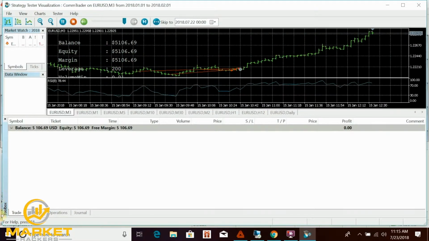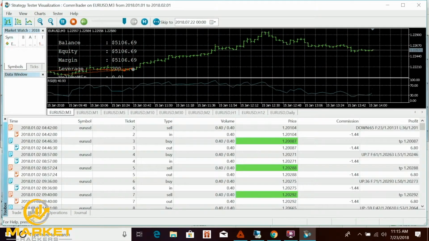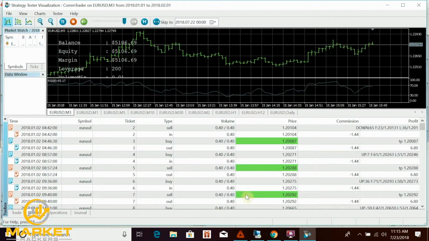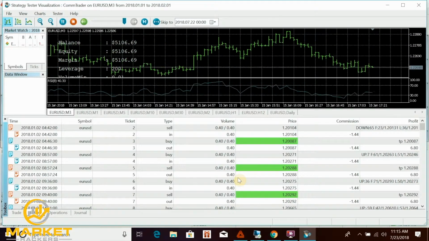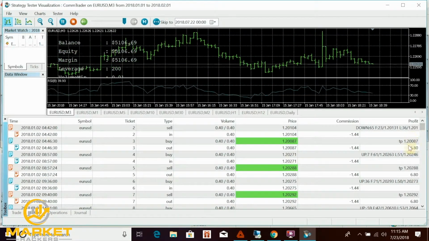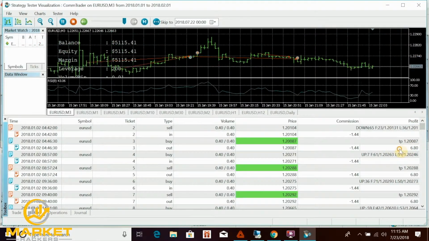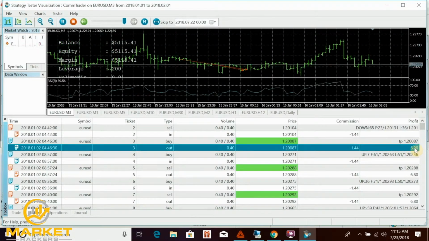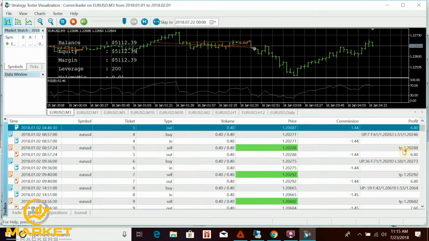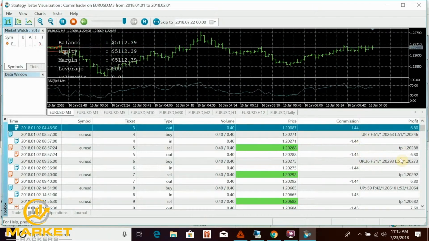We've created a very intelligent way for the software to work its way through negative trades. As you can see here, this has only made $6.80 on these transactions, taking these $1.44 fees.